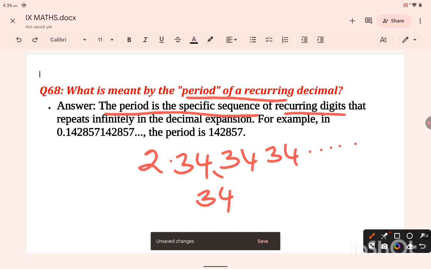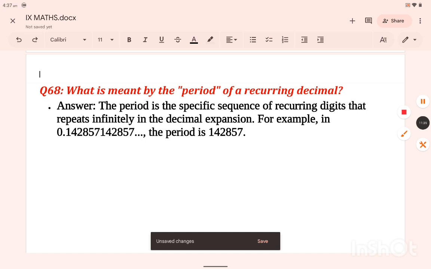The digits in the repeating block, that means 34, are known as the period of 2.34 bar. The digits which are present in the recurring part.